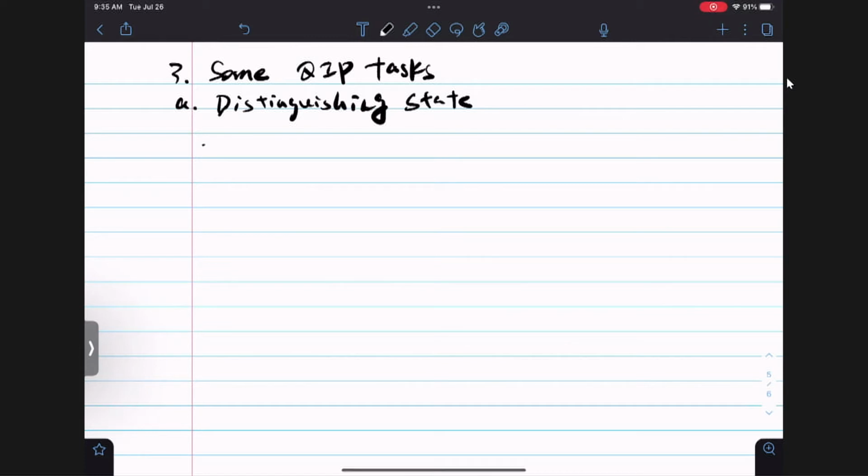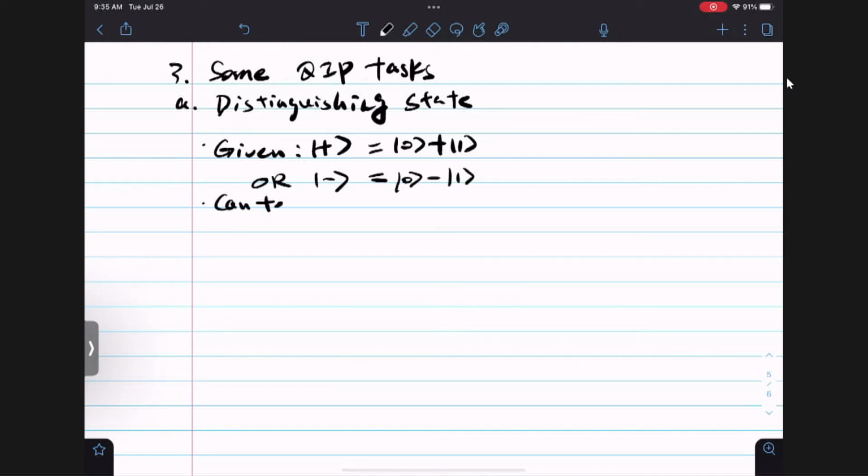Suppose I prepare a register in one of the two possible states. It's either going to be |+⟩ or |−⟩. And I want you to tell apart which one I prepared. Can you do it? Yeah, John is saying yes, for sure.